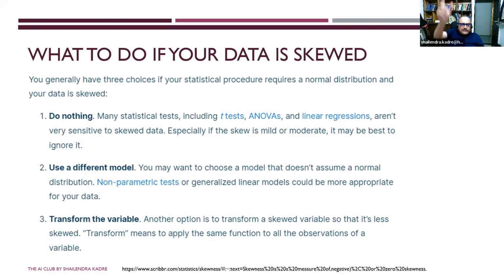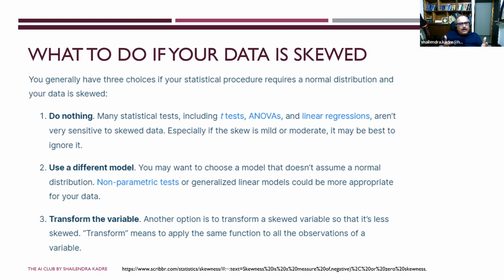In the Excel sheet I apply sine theta, either with Excel itself or a calculator. By applying a simple Excel formula you can apply sine theta, or log. That is called mathematical transformation.